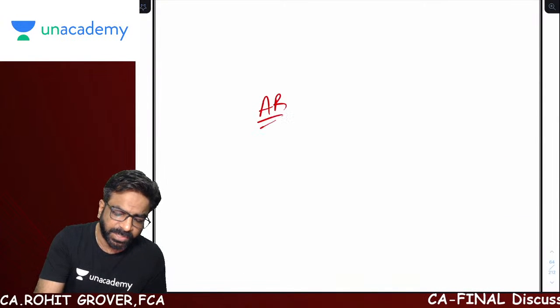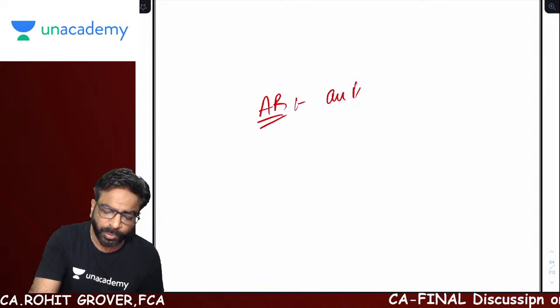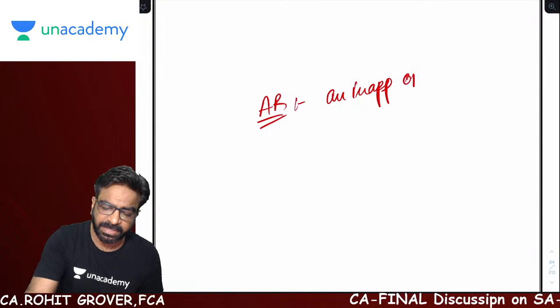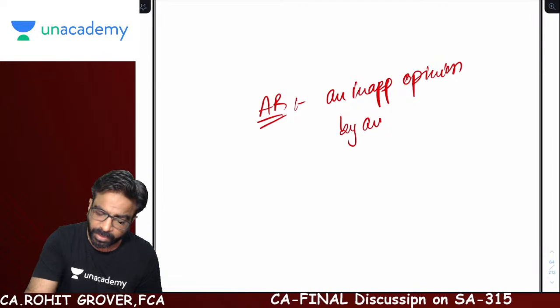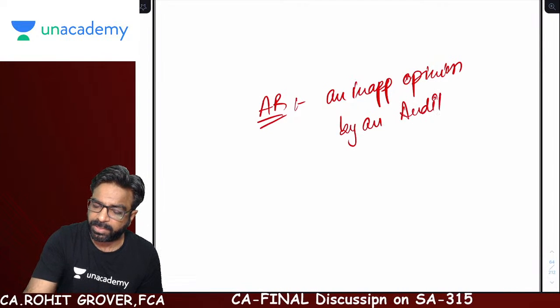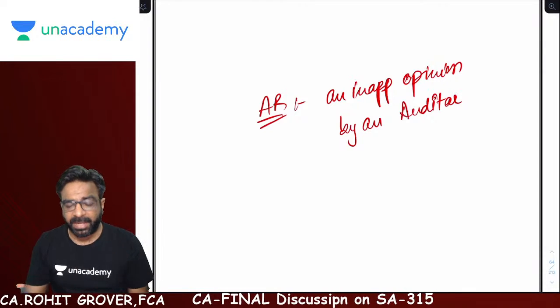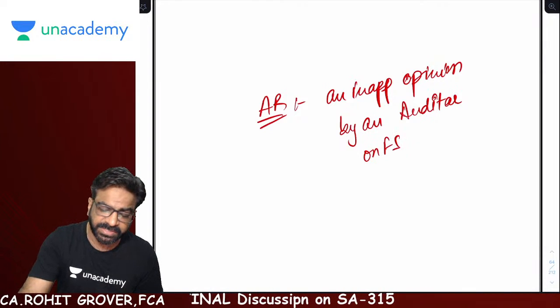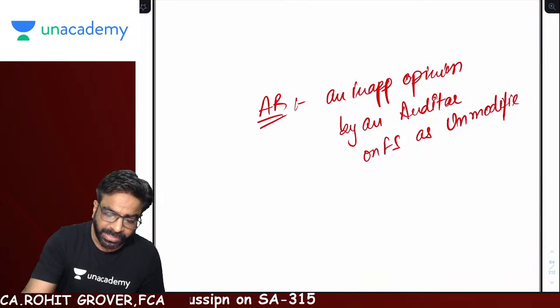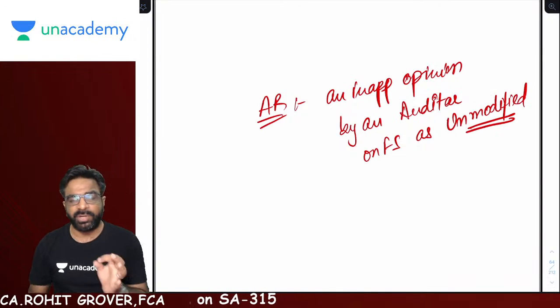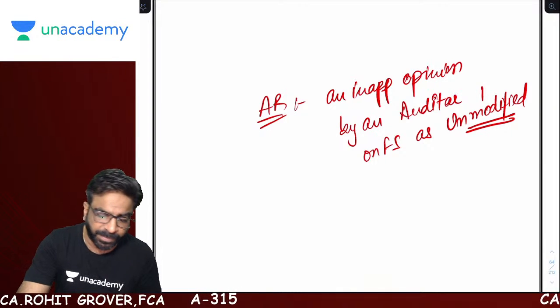Audit risk means what? It is an inappropriate opinion by an auditor on financial statements as unmodified. It means when the auditor has given the unmodified opinion. What do you mean by unmodified opinion?